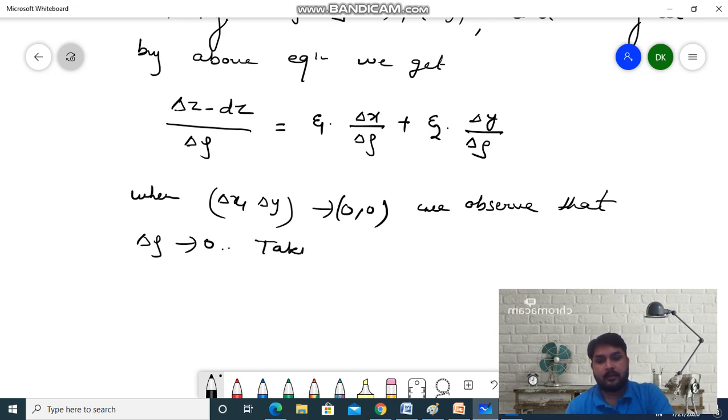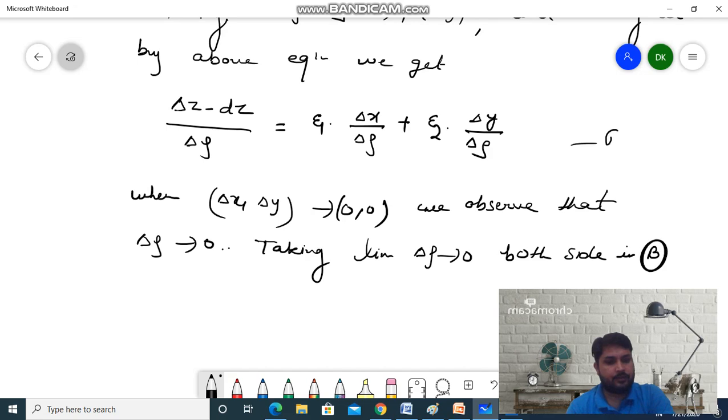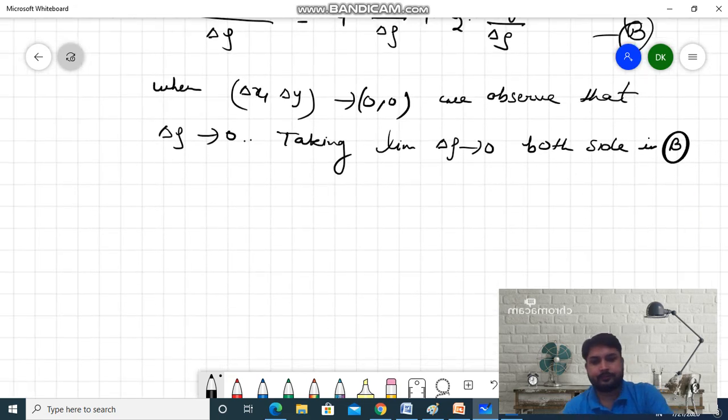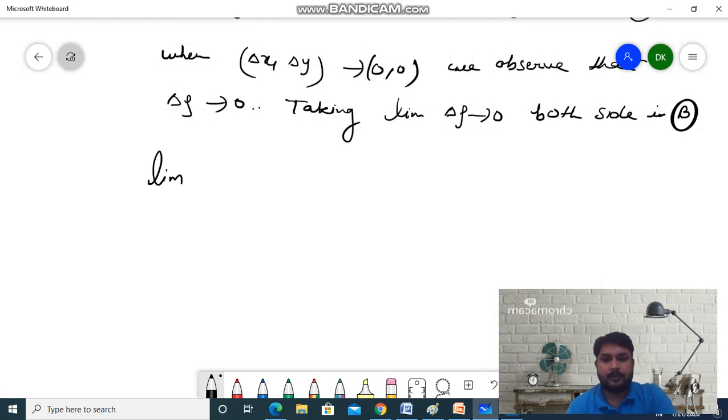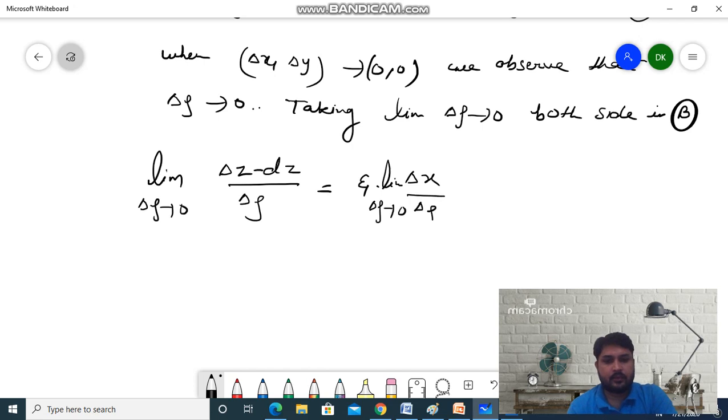Taking the limit del rho tends to 0 on both sides of this equation, which we call equation B, we get the limit as del rho tends to 0 of del z minus dz upon del rho is equal to epsilon 1 into the limit of del x upon del rho plus epsilon 2 into the limit of del y upon del rho.